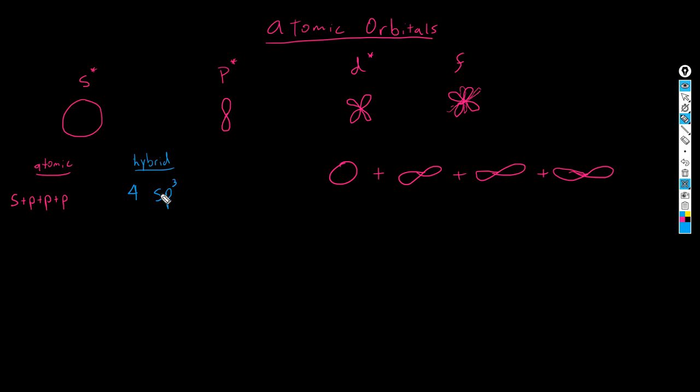Why 3? Because they're made out of a combination of 1 s orbital and 3 p orbitals, 4 in total.